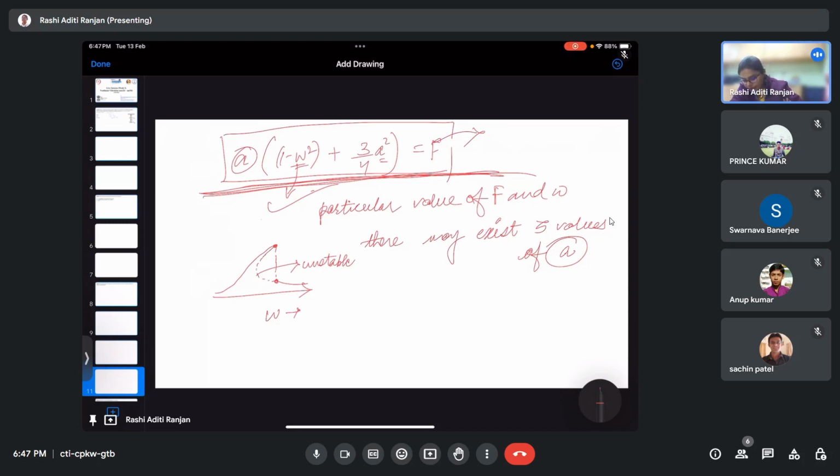Here, if you see a section over here, for this particular value of omega, let us say some omega 1, there are three values of A. This expression is going to give you that. Is it clear? Do you have any question? Okay.